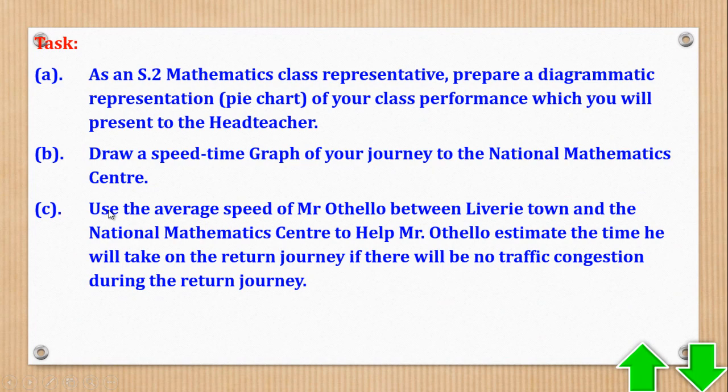Here it says, use the average speed of Mr. Othello between Reverie Town and the National Mathematics Center to help Mr. Othello estimate the time he will take on the return journey if there will be no traffic congestion during the return journey.